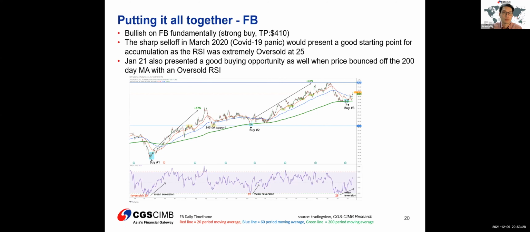Once we have that in mind, you can see if I stack on the first key point that I just mentioned, support level, for Facebook we managed to identify a key support here. Firstly, back in September of 2020, where it first formed this V-shaped bottom. That by itself has already qualified this as the support level we would be looking out for as a buying opportunity.